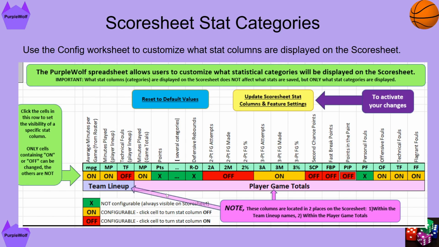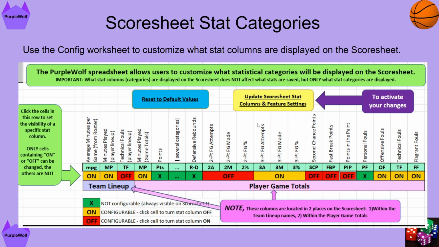Here you can see the various stat categories, and the ones in green are not configurable. They're always visible on the score sheet, things like rebounds, assists, and points. You have to show that stuff. Some others are optional, like these point scoring categories, or maybe your game doesn't have flagrant fouls. You can turn some things off.